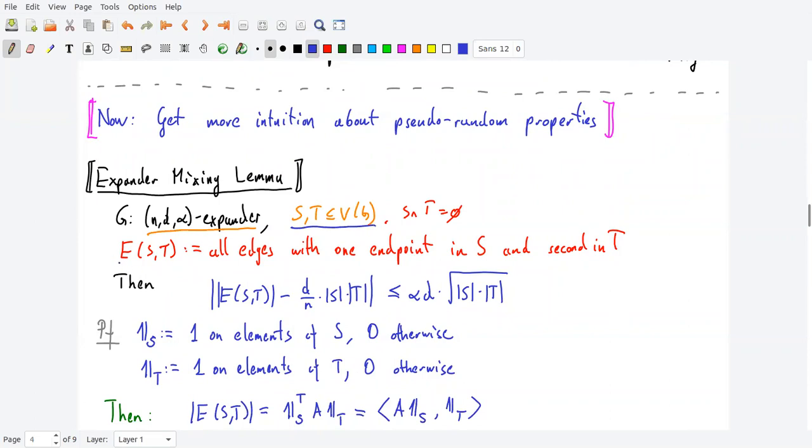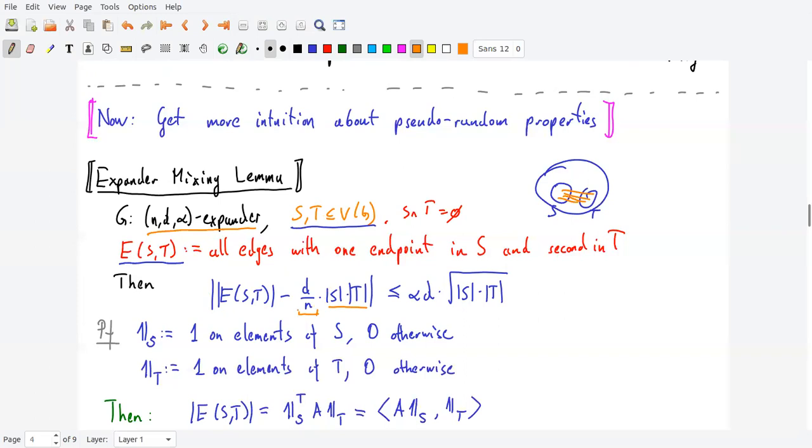And let's think about all the edges with one endpoint in S and the second in T. So here is your graph, here is set S, here is your set T. You look at all those orange edges that have one endpoint here and the second endpoint there. So how many edges do you expect there to be in a random d-regular graph? Well, there are |S| times |T| pairs in total, and every edge appears there with probability d over n, if this is a d-regular graph.